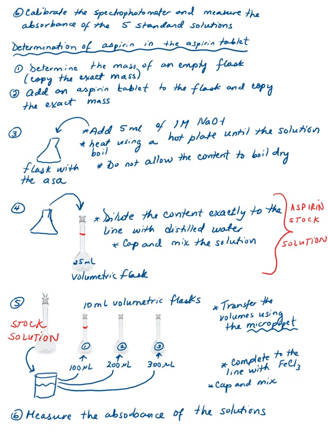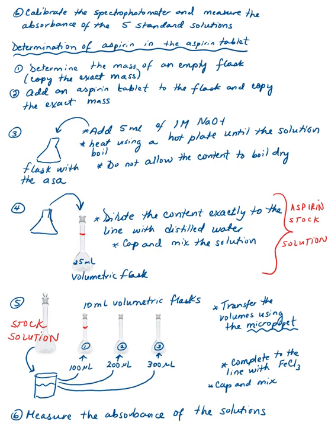So moving to number 5, very similar to what you did before, you're preparing dilutions from that stock solution. But instead of preparing 5, we're preparing only 3. Okay? So your stock solution of the aspirin tablet, you're going to transfer a small amount into a beaker. And from your beaker, you're going to pipette using the micropipette the volumes that you have right there, 100 microliters in the first volumetric flask, 200 microliters in the second one, and then 300 microliters in the third one.